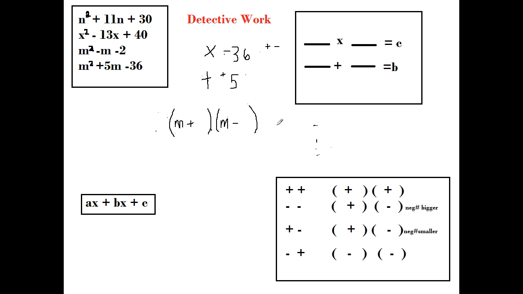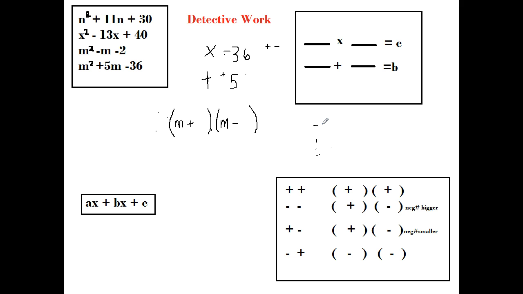Why does it help you? The fact that I have a positive and a negative, and I know that, means that I know that the numbers that I'm getting are not going to, how do I say this? They're going to multiply to a negative 36, but they're going to end up at a 5 by the bigger number canceling out some of the smaller number.